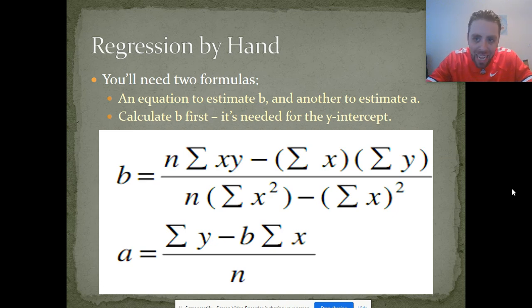So A equals the summation of y minus B times the summation of x, over n, where n references the sample size, which is pairs of data. So in that cop cars and average speed example, we had two pairs of data, 4 numbers, but only 2 pairs of data.